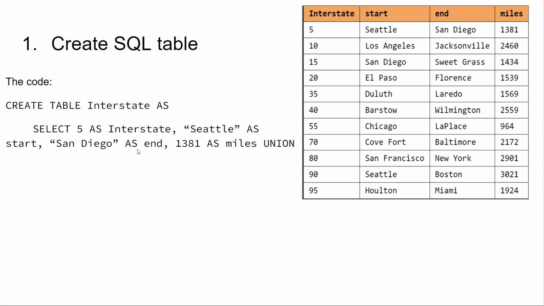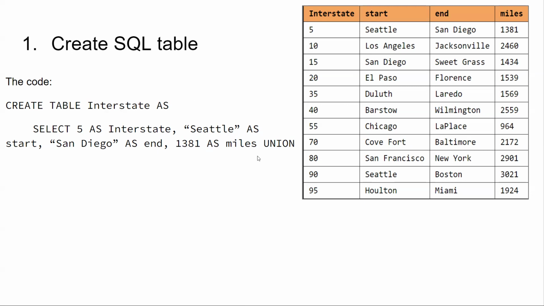The first column is interstate, and 5 is the content at the corresponding place for the first piece of data. Seattle, because it's a string. For numbers it's fine, but for strings you need quotation marks. Then Seattle as start, San Diego as end, and 1381 as miles.